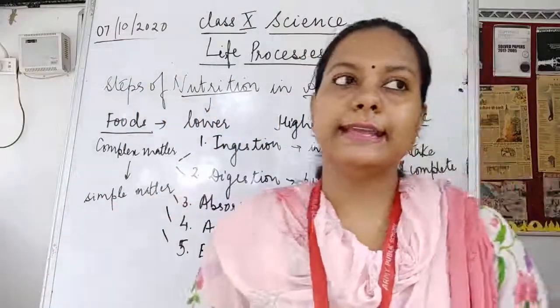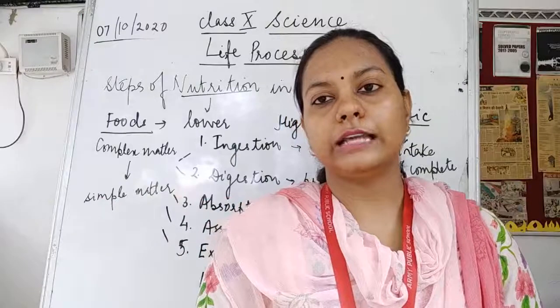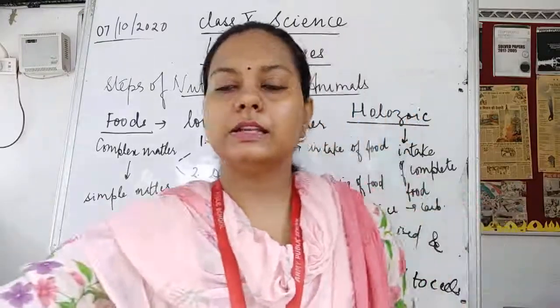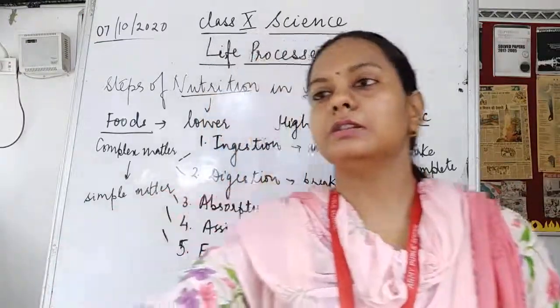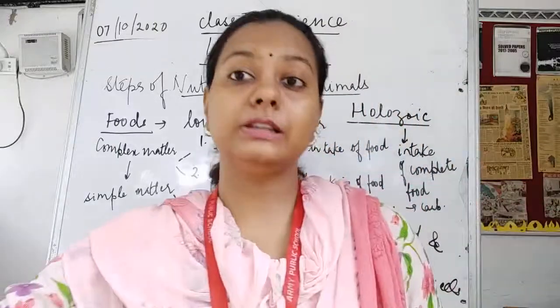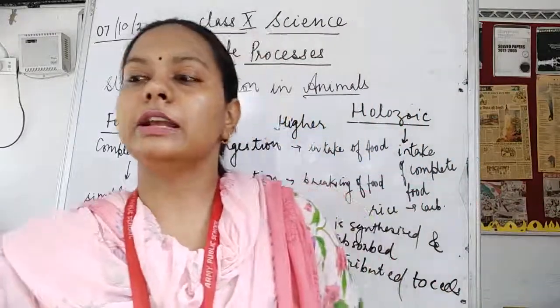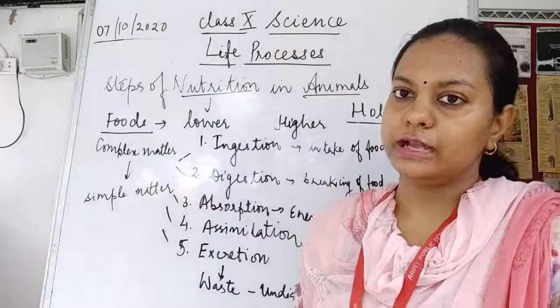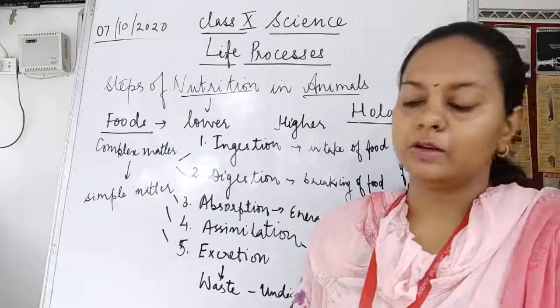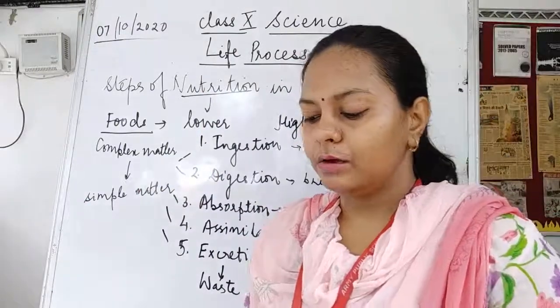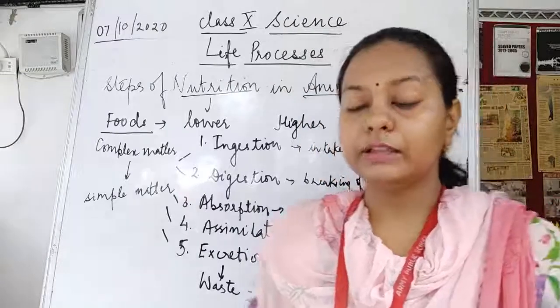So children, in the next class I'm going to tell you about the process of ingestion, digestion, absorption, assimilation, then excretion in the various organisms. We'll start with the small organisms first, and then we will study what happens in the higher organisms.